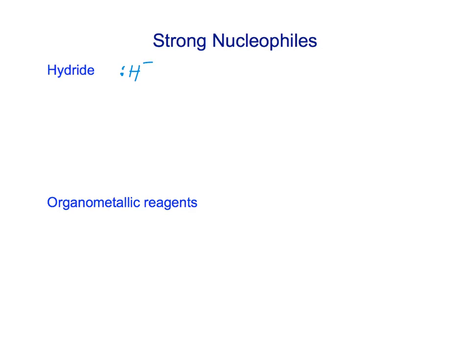So I'm going to show you 2 of them right now, and then as we go through, I'm going to show you 2 more which do more specialized things. Okay, here's the first reagent. This is called sodium borohydride.